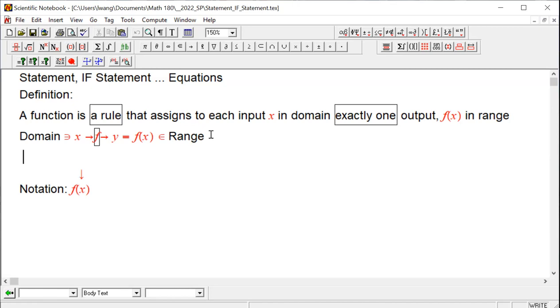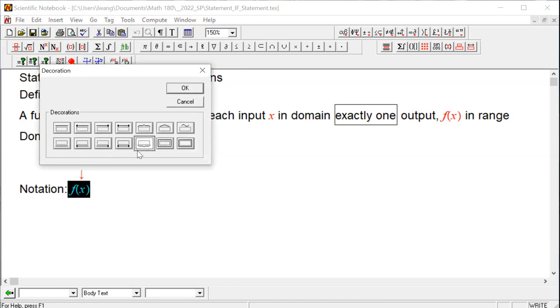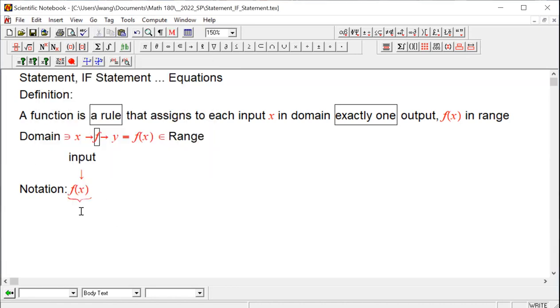And this whole thing is the output. So this notation itself has the input and output indicated.